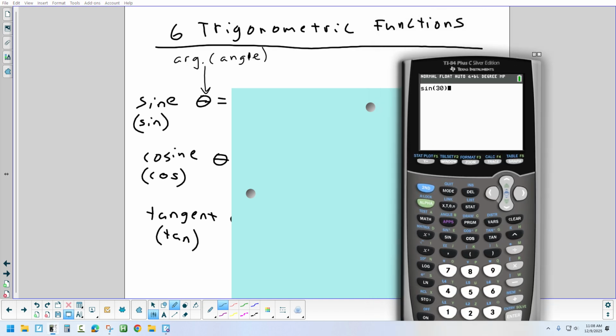So when we start pressing sine, cosine, and tangent, it's important that we look at this mode up here, the second thing from the end. You can be in degrees or radians, but it depends on the question. If you need to change the mode, you can press mode, and there's 2 options, radians and degrees.